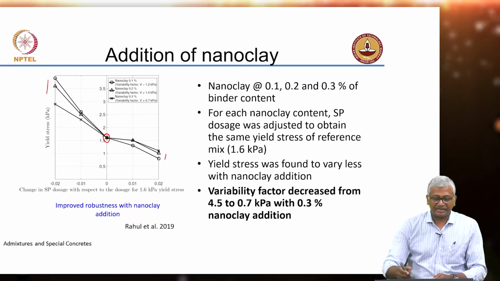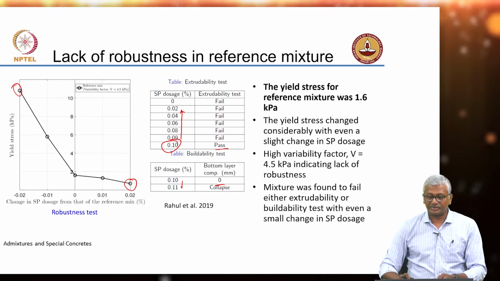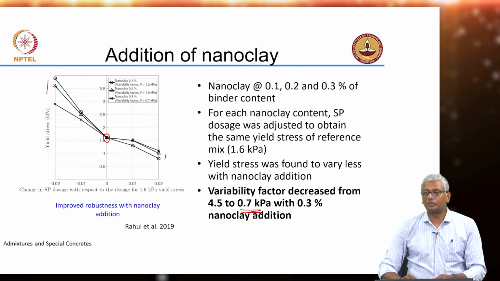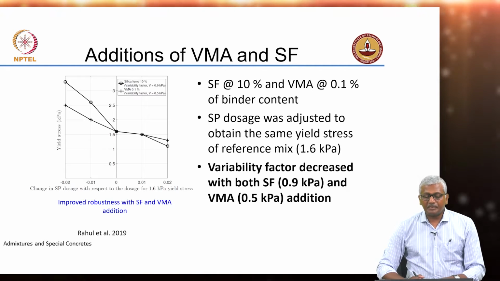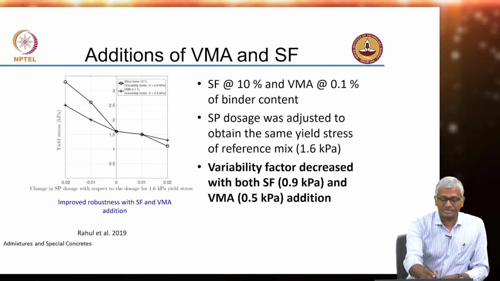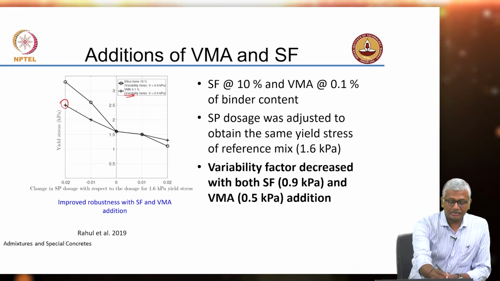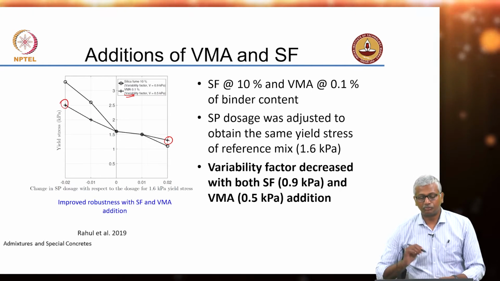The variability factor was decreased from 4.5, in the case of the reference mix, to about 0.7 kilopascals. And with VMA and silica fume, similar results were obtained. Actually, with the VMA, the best results were obtained, where the range was only from 2.5 to 1.4.